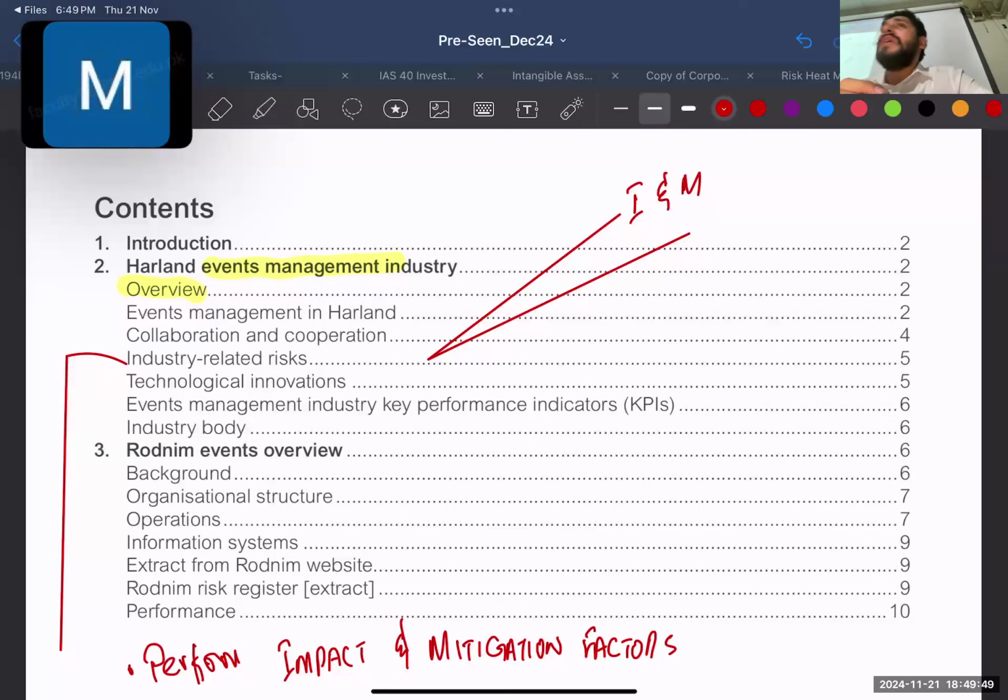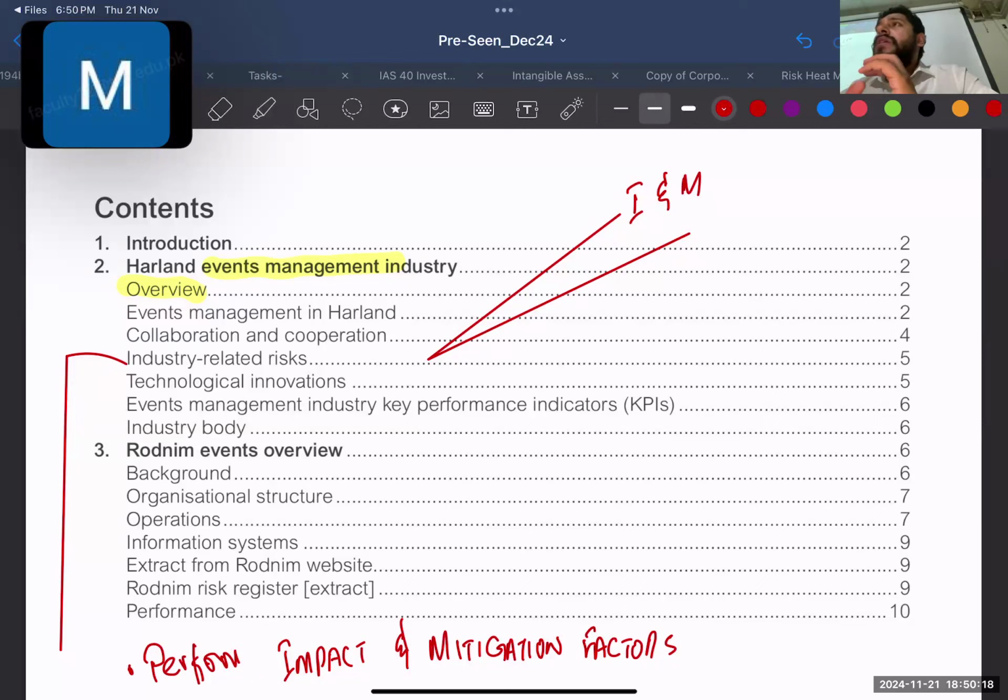Many students once made a mistake. The examiner said that the risks already given in the pre-seen should be used to identify the impact and likelihood or the mitigating factor of those risks. In a particular pre-seen related exam, the examiner said that we have already identified the risk, identify the impact and the mitigating factor.